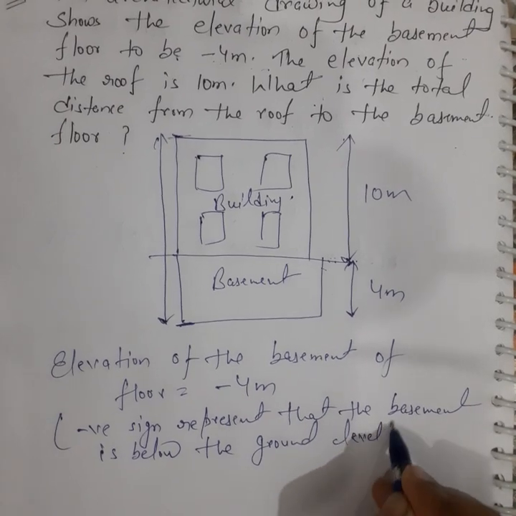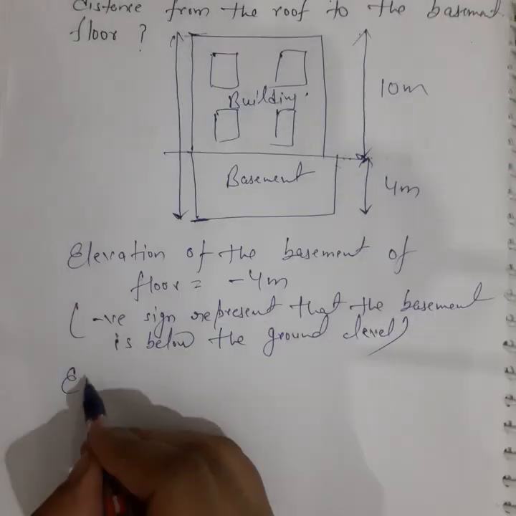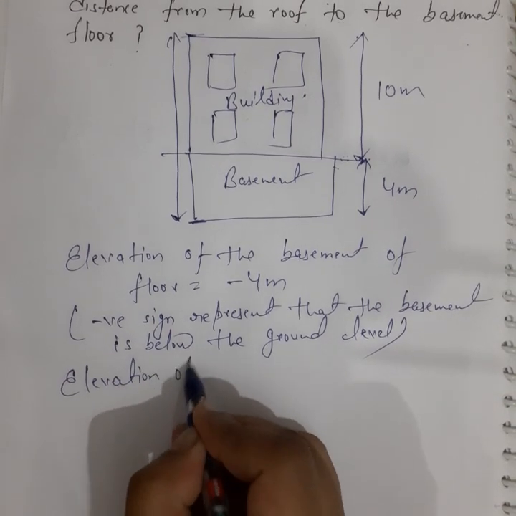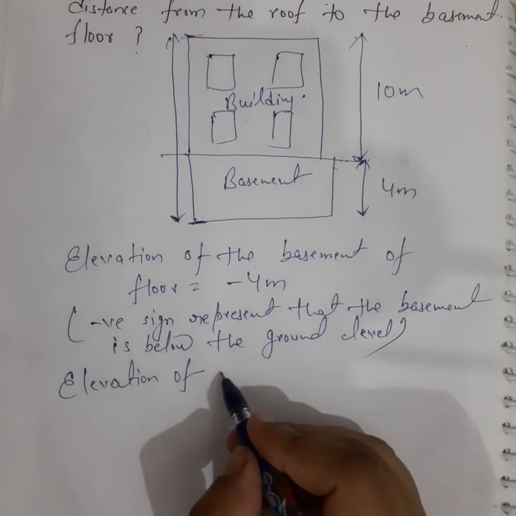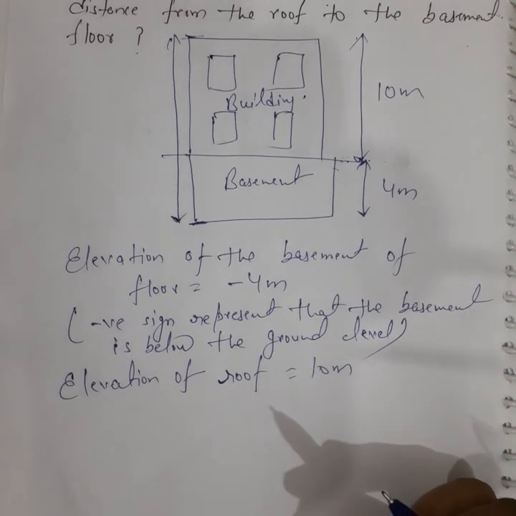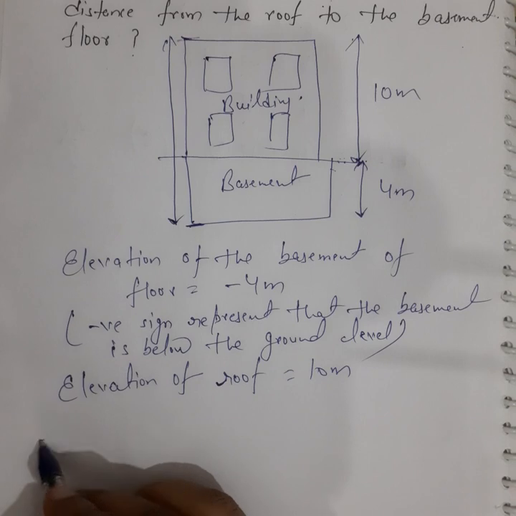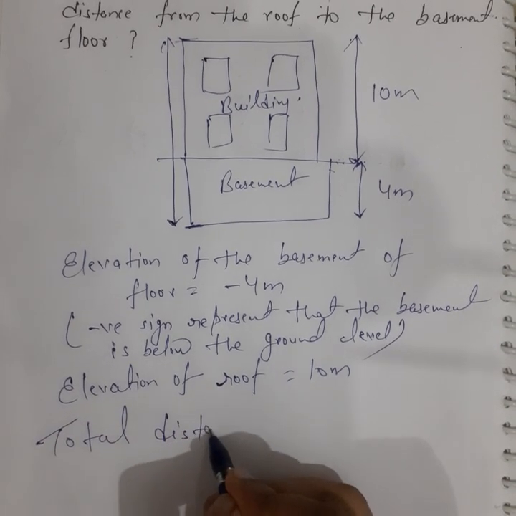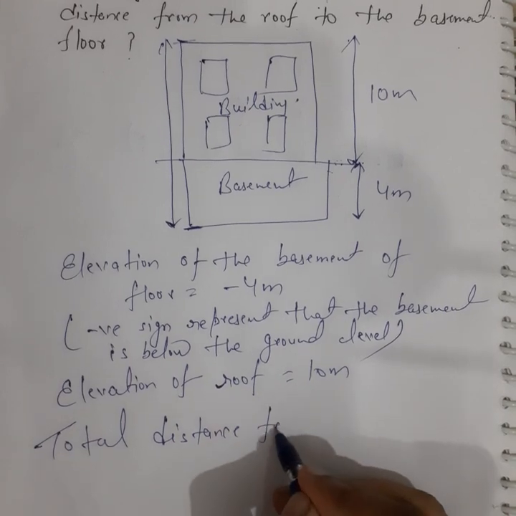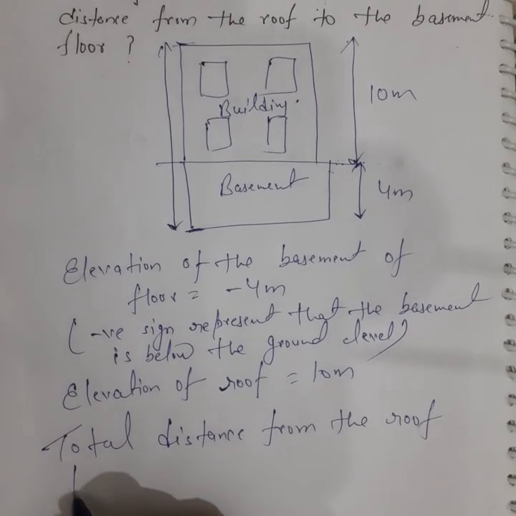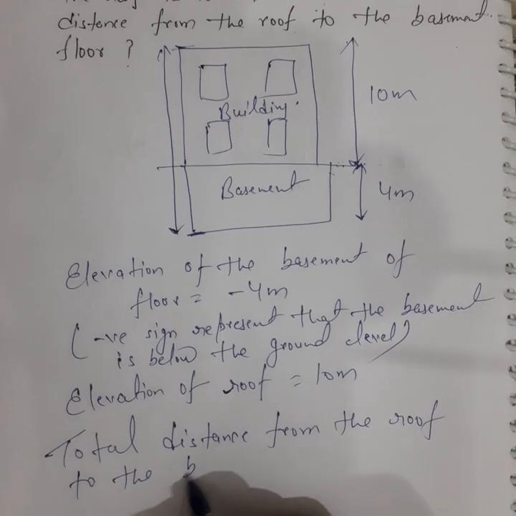Okay. Now what is given? Elevation of roof is equal to 10 meter. Now what we have to find out? We have to find out the total distance from the roof to the basement.